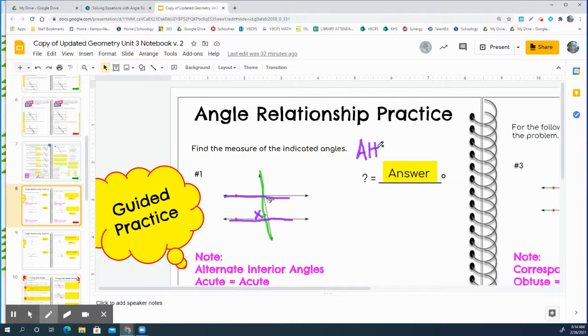Alternate interior angles are congruent. So if this angle is 79, what's x? Also 79, absolutely, right? Alternate interior angles, this is an acute angle, this is an acute angle, they're always going to be congruent.